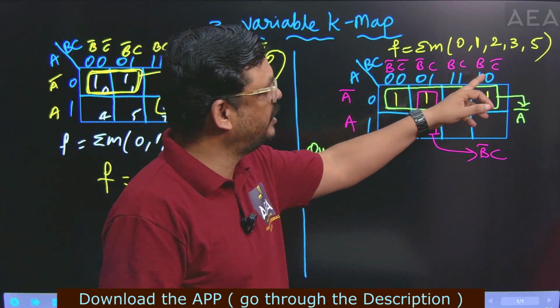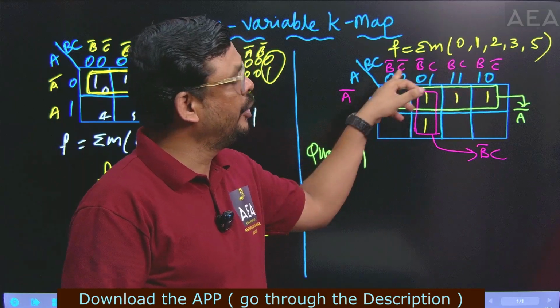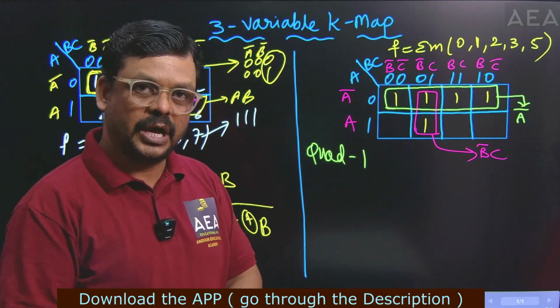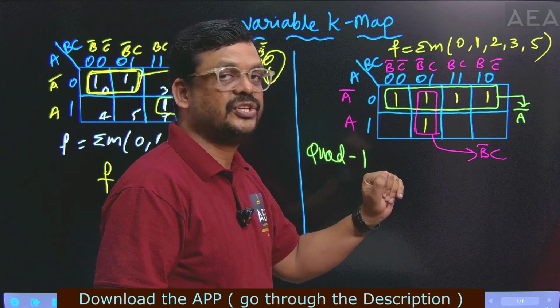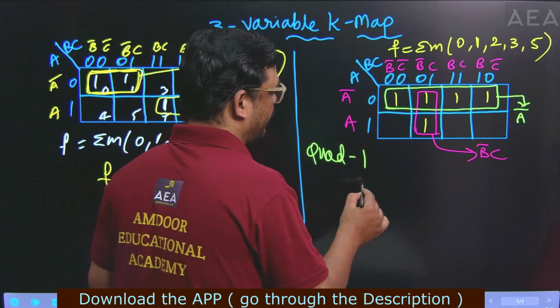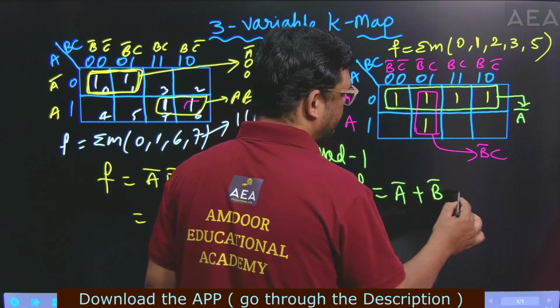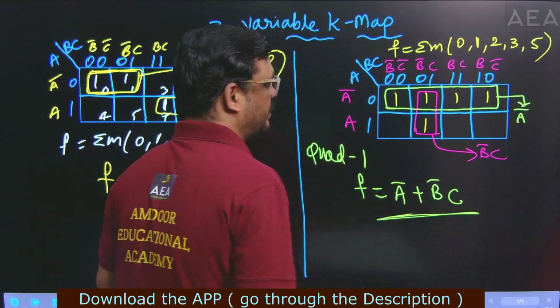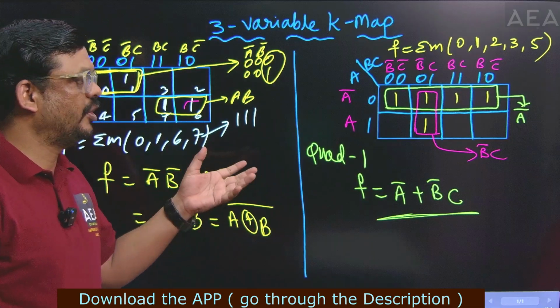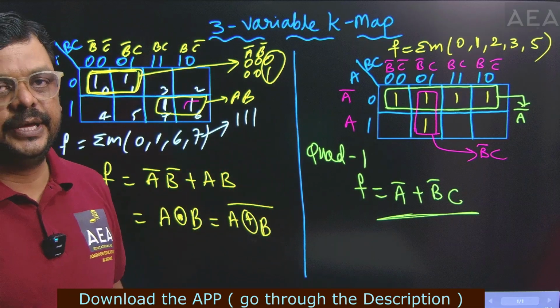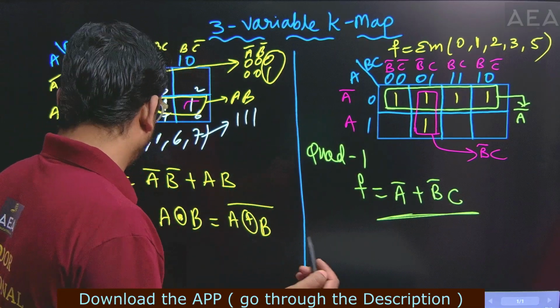So there is no common literal from these four columns, and the simplified expression consists only of A bar. Then finally we can write the simplified equation as A bar plus B bar C. So this is our simplified equation. Similarly, we have to apply the same procedure to the remaining problems. So I want to explain some other examples.